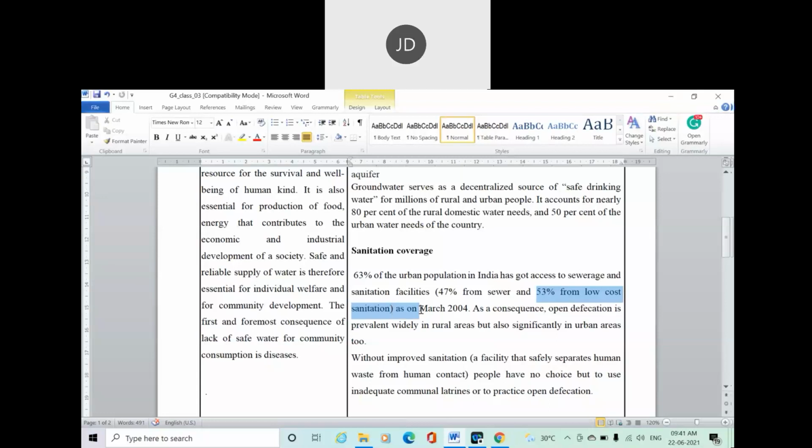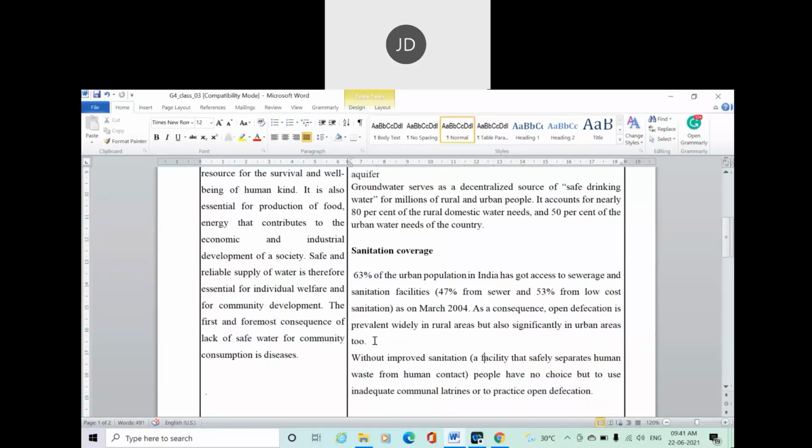So this data is up to March 2004. Why are we discussing that? Because we also need to know from where that awareness started.